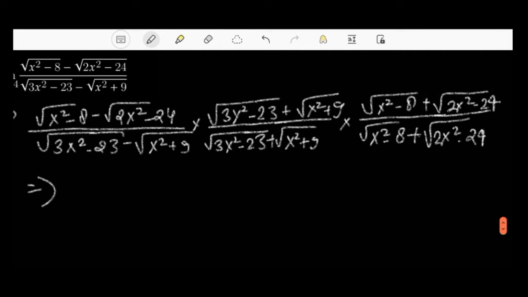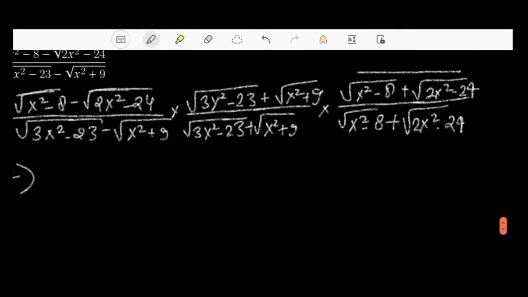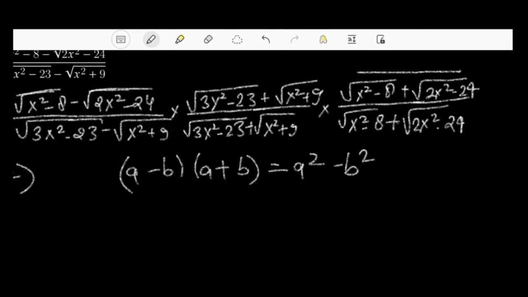Here we can see that if we let this be our a and this be our b, then we have a minus b, and here we get a plus b. So we can simply say that a minus b multiplied by a plus b is equal to a square minus b square.